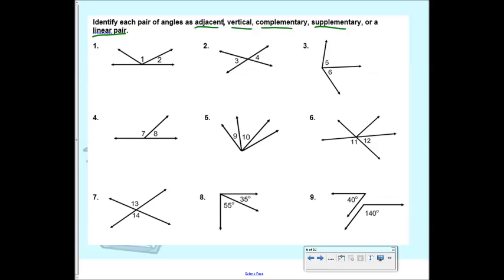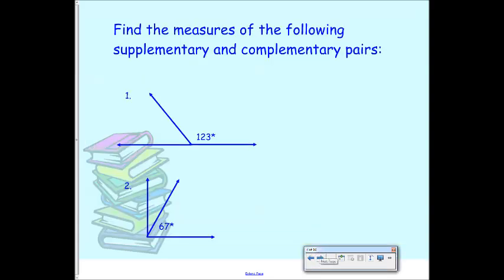All right, so if I tell you that angles are supplementary or complementary, you know that a supplementary angle has to add up to what? 180. So if I tell you this is 123, what could you do to find the other one? Subtract it from 180. These are complementary, these are supplementary.